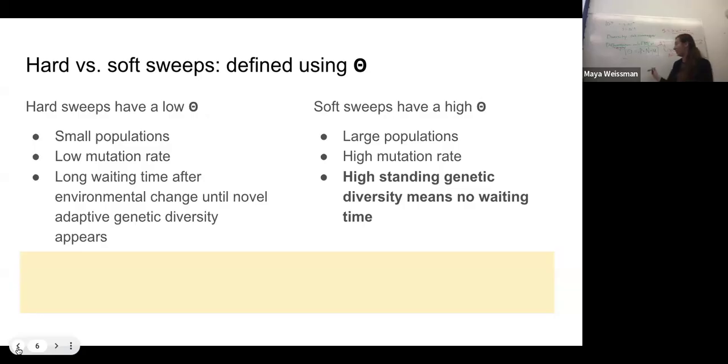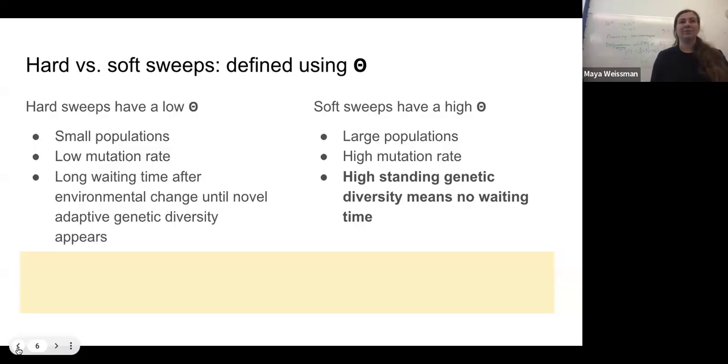So if theta is greater than 1, that means more than 1 mutation will happen per generation, and so we're probably going to get a soft sweep. Whereas if theta is a lot less than 1, you're going to get very few. The probability of getting the adaptive mutation in a single generation is relatively low. And so they are probably going to get very few examples.